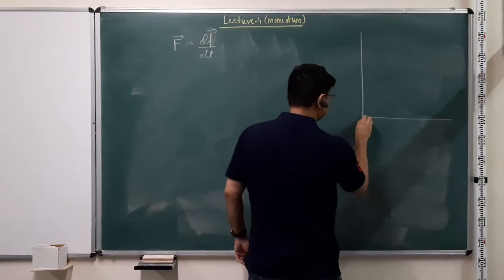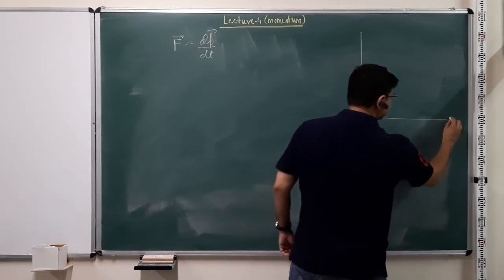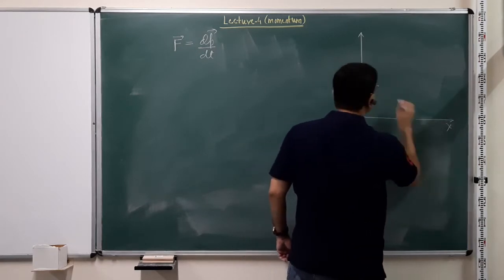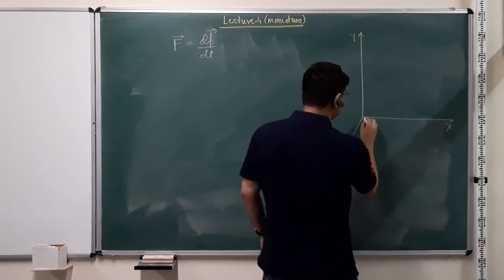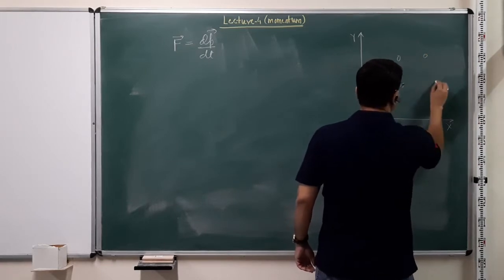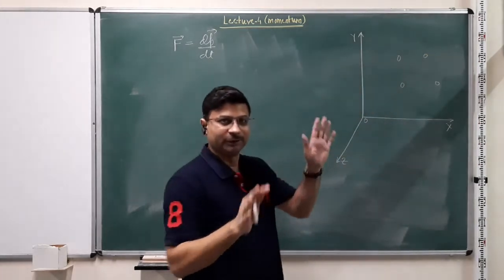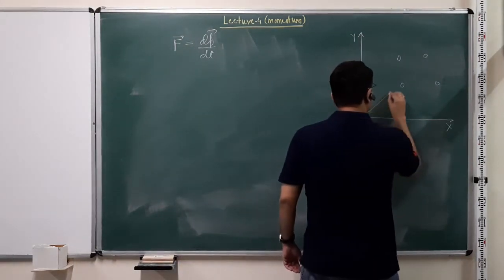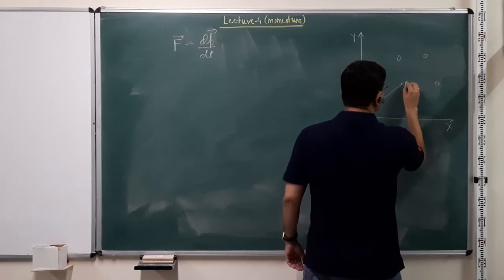So this is my XYZ coordinate system, origin 0, and here, let's say I am talking about 4 particles, right? Randomly distributed. So I am not looking for a particular pattern here. And for each particle now, what I can do is I can assign a mass.